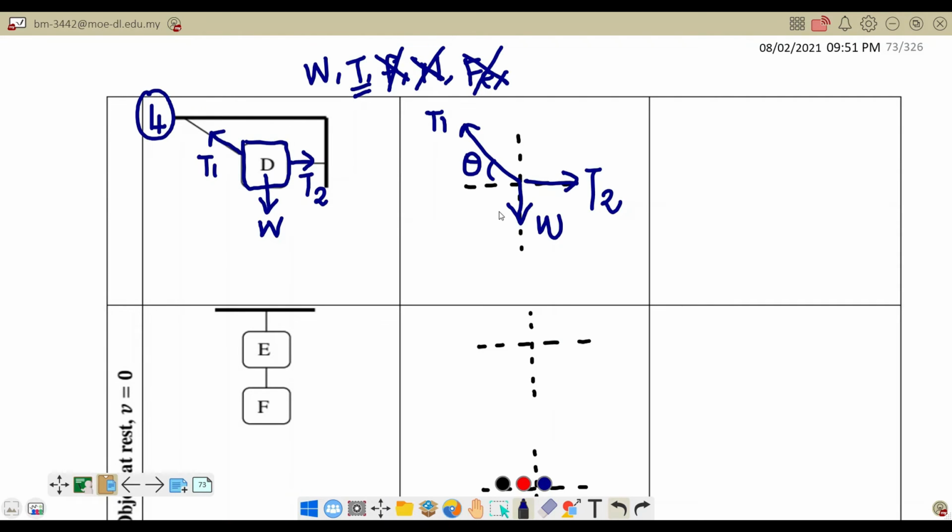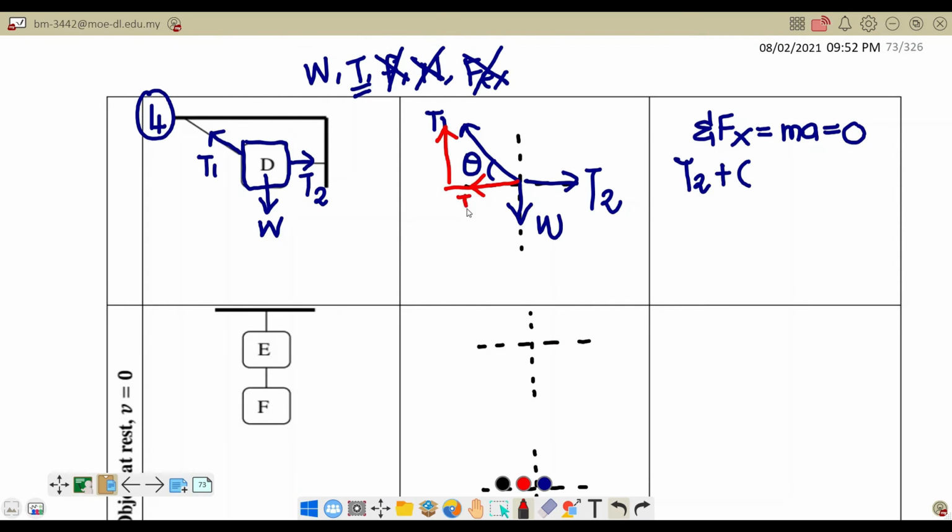Then we write the equation Fx equals ma, and because it's not moving, it equals 0. To the right is positive, so T2 positive plus T1. T1 we can resolve into to the left and upward.